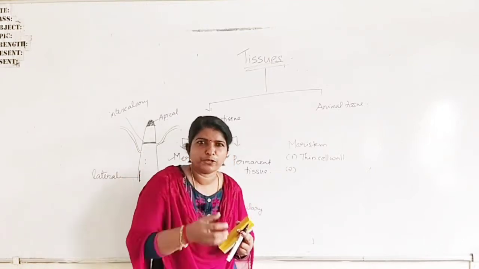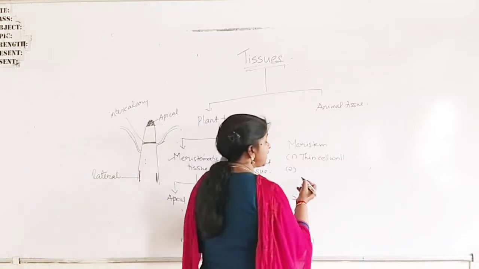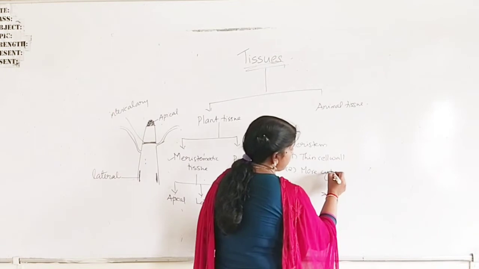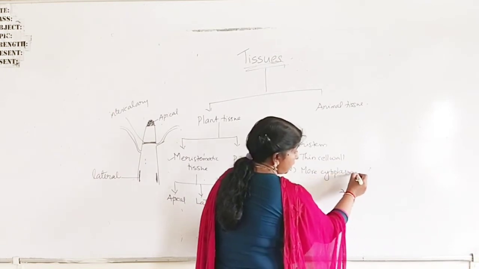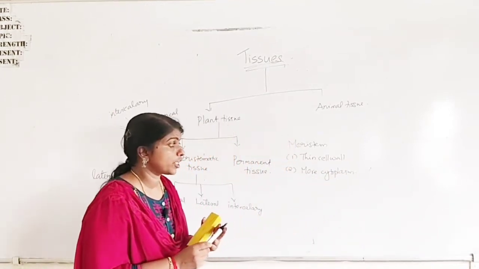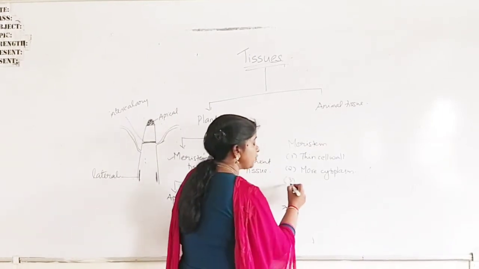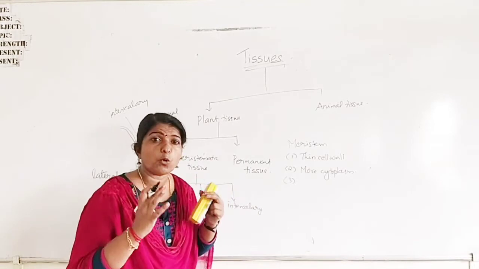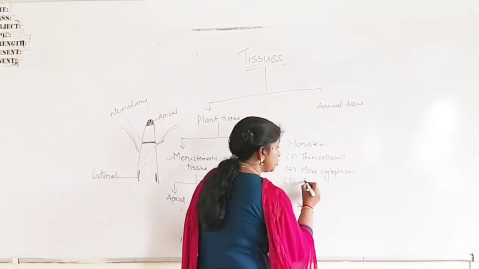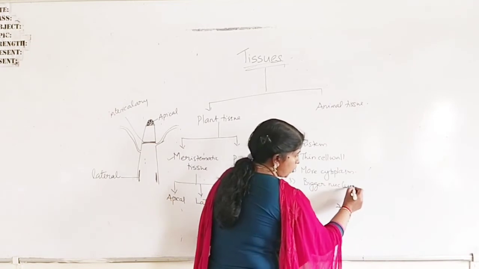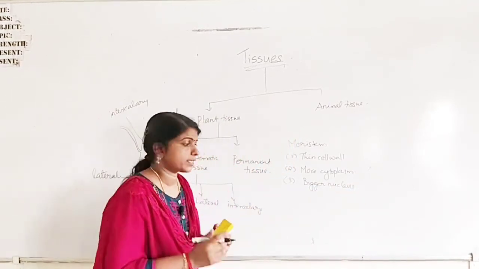You will get some fluid. That means abundant cytoplasm is there, more cytoplasm. Compared to the other mature cells, meristem possesses more cytoplasm. And here you can see a prominent, bigger nucleus.